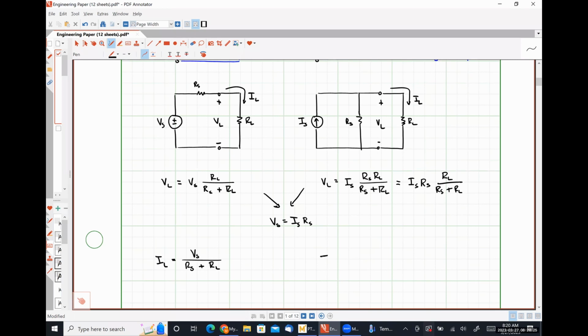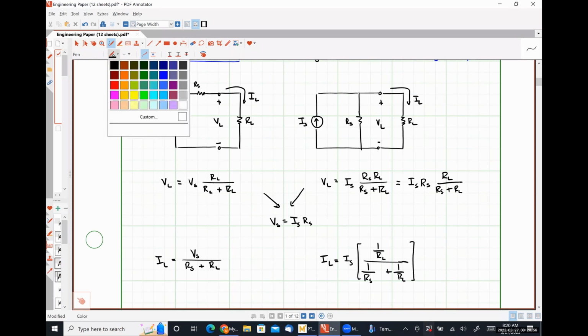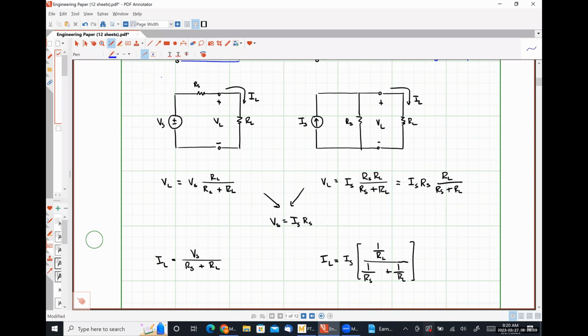On the right-hand side here, our current IL is going to be IS times 1 over RL divided by 1 over RS plus 1 over RL. Let me give myself a little bit more room here. So it isn't super obvious in this form. So what I'm going to do is I'm going to multiply this 1 over RS times RL over RL.